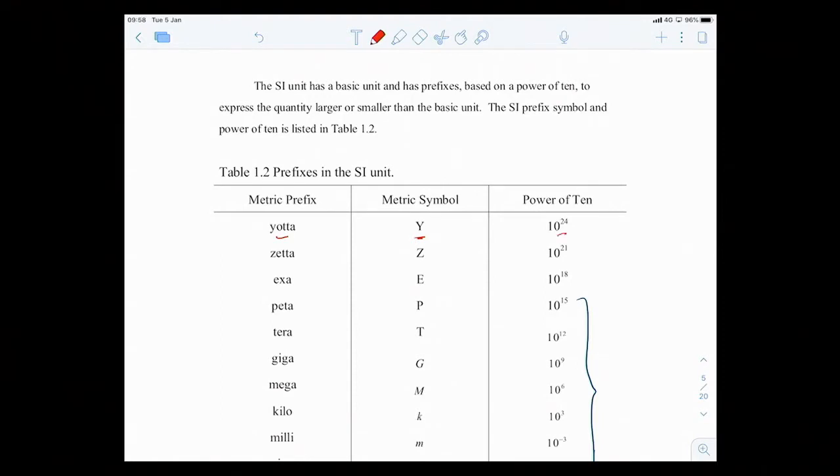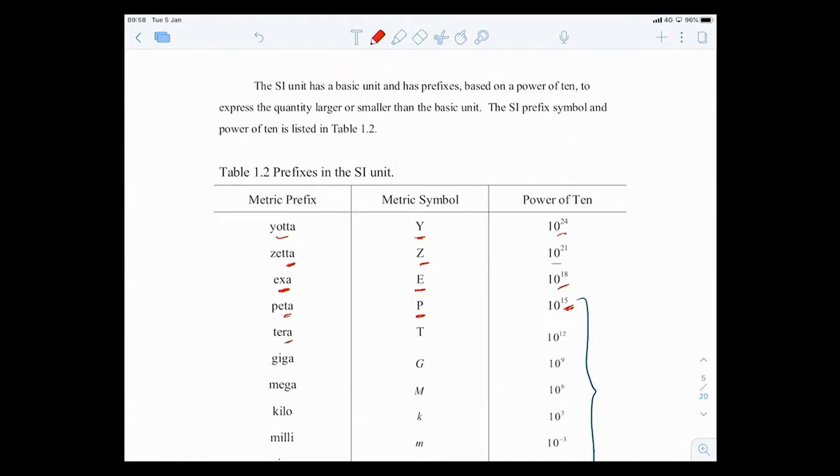Zetta, capital Z, is 10 to the 21. Exa, capital E, the power of 10 is 10 to the 18. Peta, capital P, is 10 to the 15.